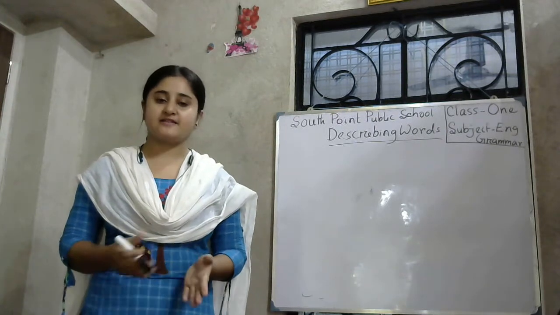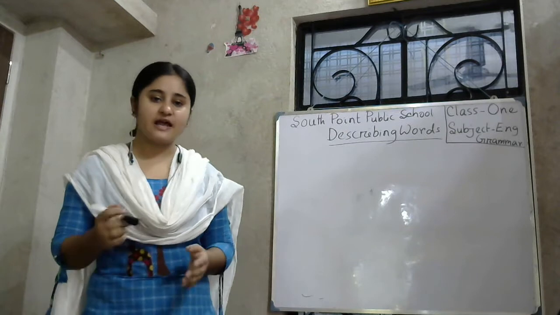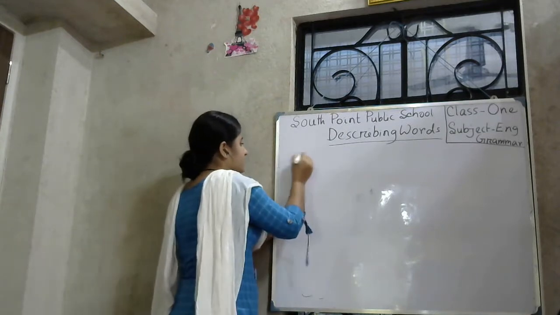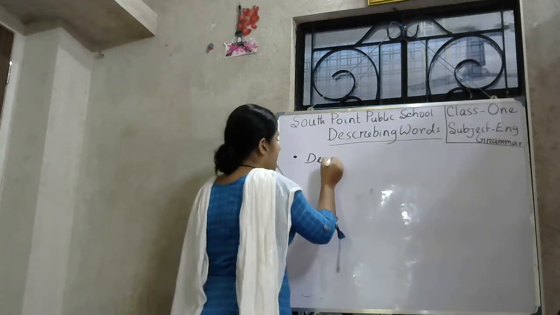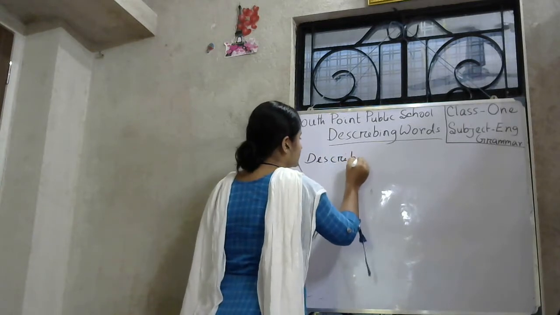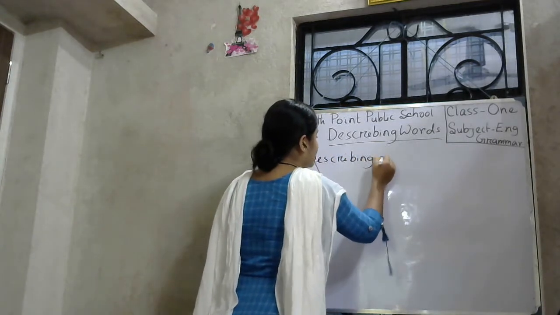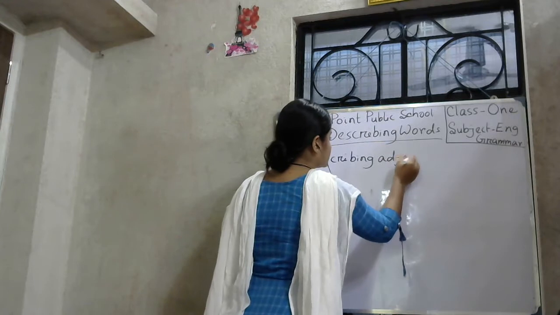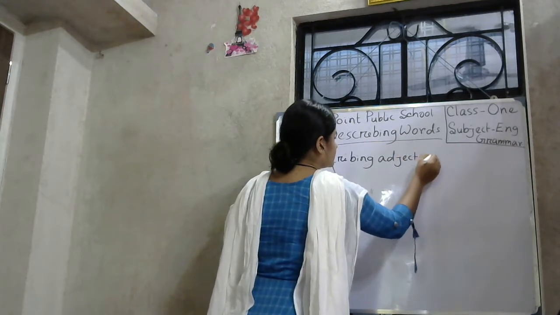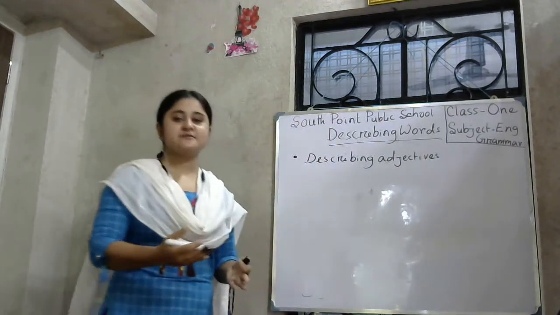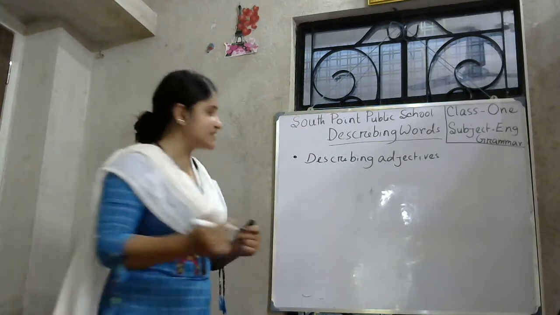Describing words are adjectives. And adjectives are describing words. Very easy.